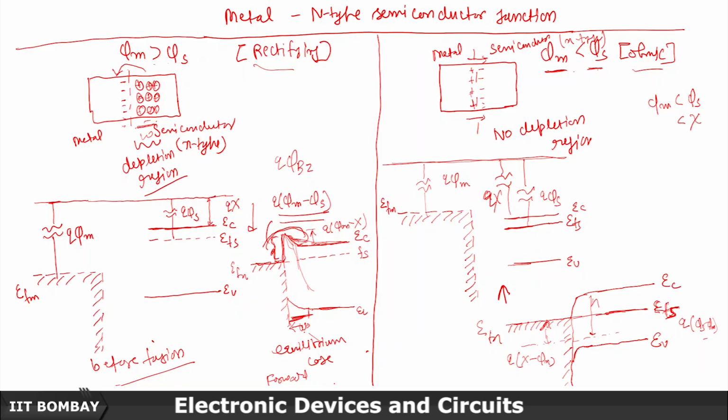So now we want to discuss what's going to happen if we apply forward bias and reverse bias. Okay, with respect to metal, let's say, whether it will conduct in both the directions or only in one direction. Here, if you look at the band diagrams of this case and this case, the difference is that there is a solid barrier height in this case; here that barrier height is not there, though it looks a bit larger here just because of my poor drawing. Otherwise, normally it is much larger than this one.